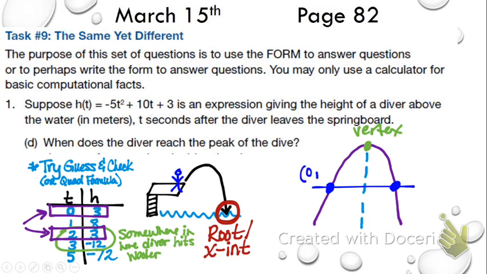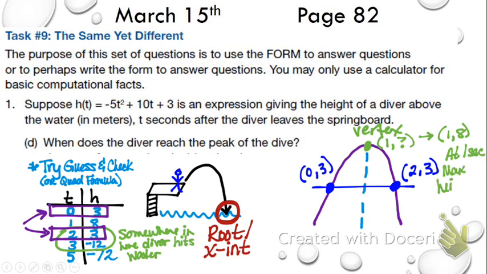So we had 0, 3, and 2, 3, which means my vertex has to be halfway in between, 1 something, and we found what that was. We found that to be 1, 8. So at 1 second, we have the max height of 8 meters.